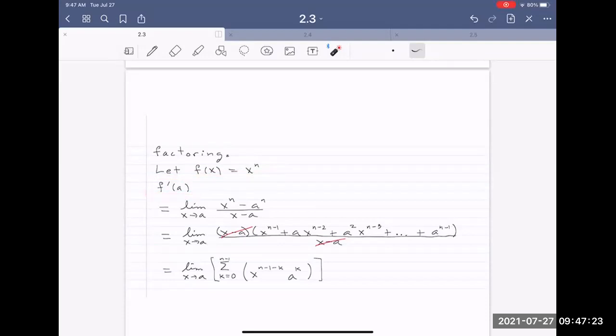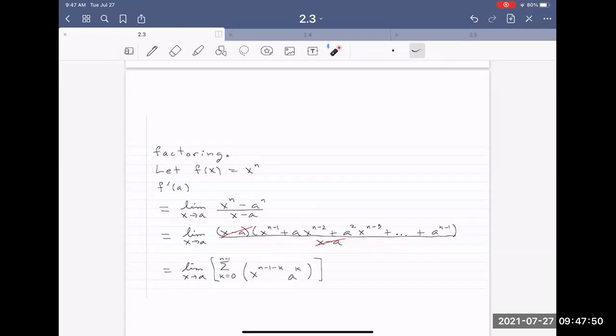Then f prime at a is the limit as x approaches a of x to the n minus a to the n over x minus a. This is equal to the limit as x approaches a of x minus a times x to the n minus 1 plus a x to the n minus 2 plus a squared x to the n minus 3, etc.